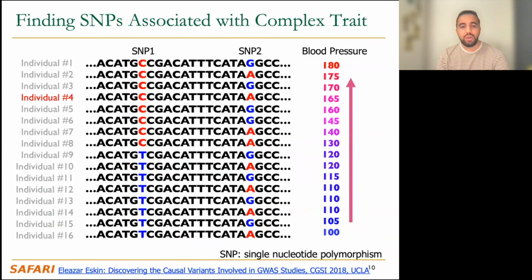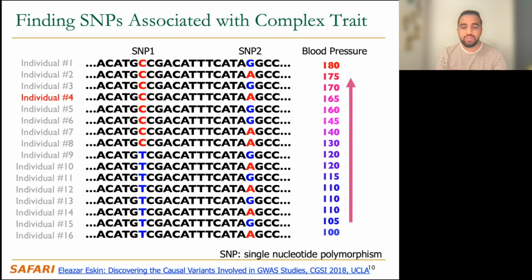Okay, assume now we got the DNA sequence out of this process. What can we get out of it? This is an example. Assume we have the DNA sequence for individual number 4 over here. We also have other DNA sequences for other individuals, and some health information such as blood pressure.